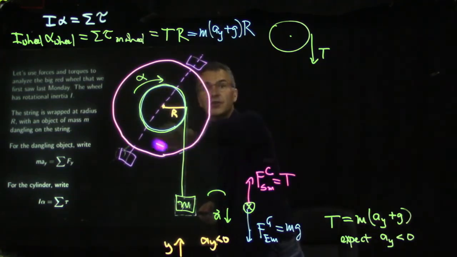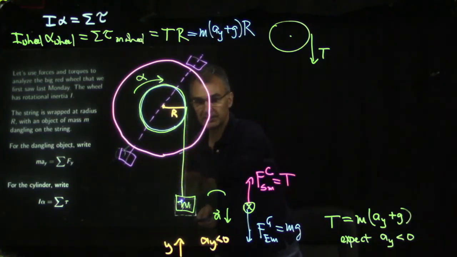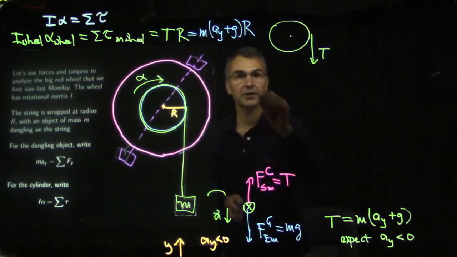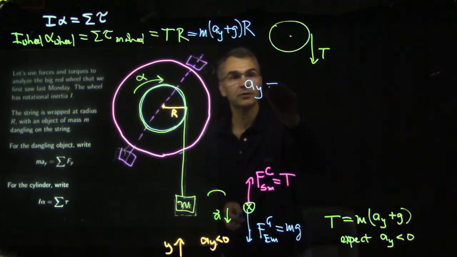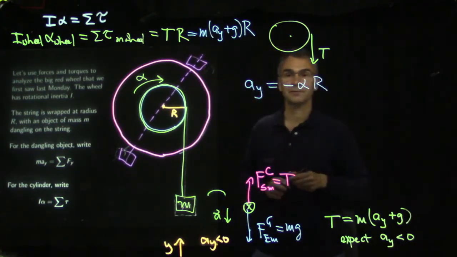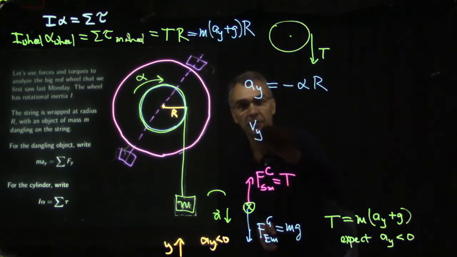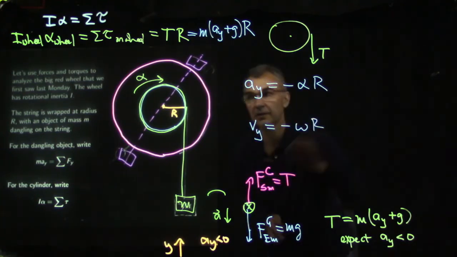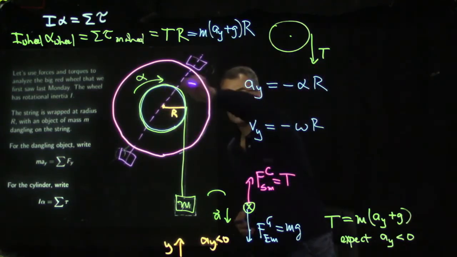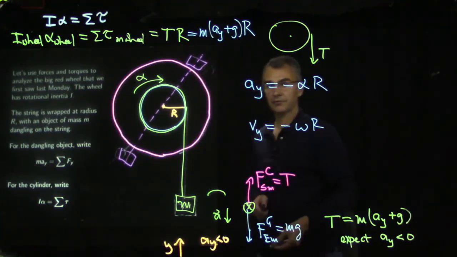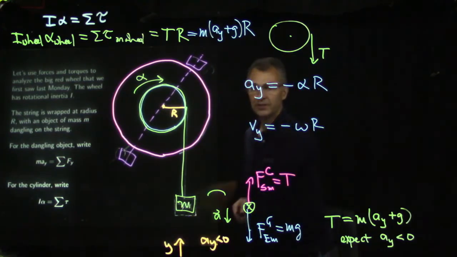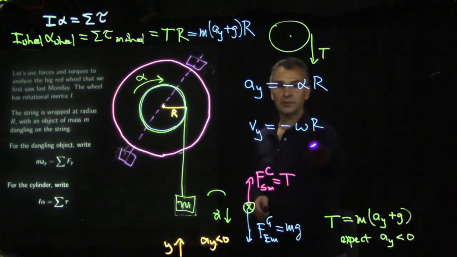So if this wheel is accelerating clockwise, which would be positive alpha the way we've drawn it, then the mass is accelerating downward, so we need a minus sign. I think we have a sub y equals minus alpha r. That's because we have v sub y equals minus omega r. So if omega is clockwise, and the wheel is going around at rotational velocity omega, then the mass is going downward with vertical speed omega r. But since we have our y-axis pointing upward, that would be v sub y equals minus omega r.